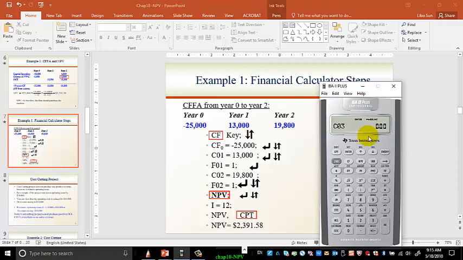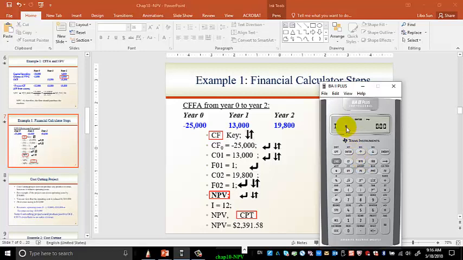But I would suggest you go through at least one more year to see if you forgot to clear your numbers. After we're done entering all the cash flow, we are going to click on the net present value or IRR keys. In this case, we want to find out the net present value, so we click on net present value NPV.